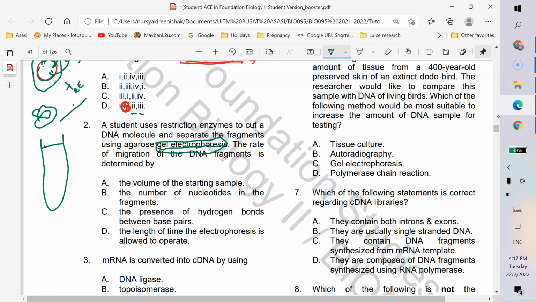It will cut, producing one shorter strand and one longer strand. So using gel electrophoresis, you are going to separate the DNA according to their mass, according to their size, so that you can view the DNA as DNA bands.